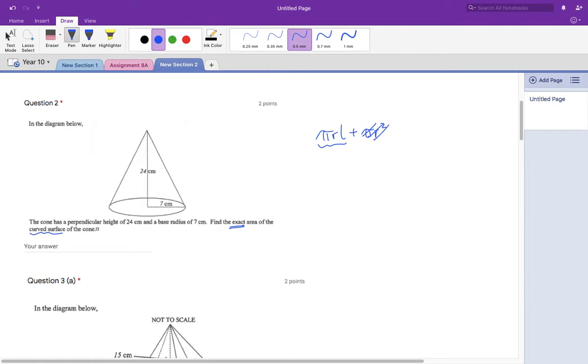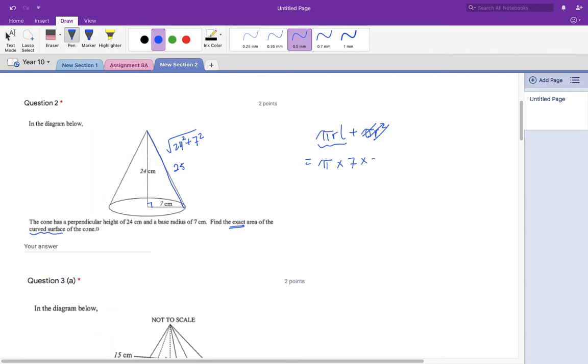You don't need to look at the base because it just wants the actual cone part. Pi is a constant, r is 7, and you don't have L yet, right? In the question, you're given the perpendicular height, so you need to do Pythagoras: square root of 24 squared plus 7 squared.